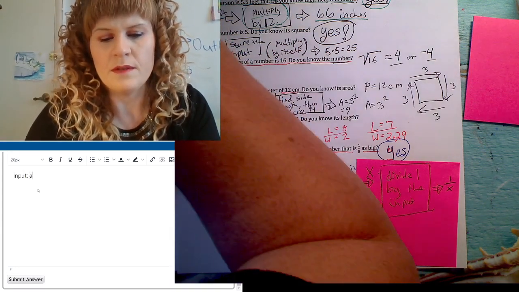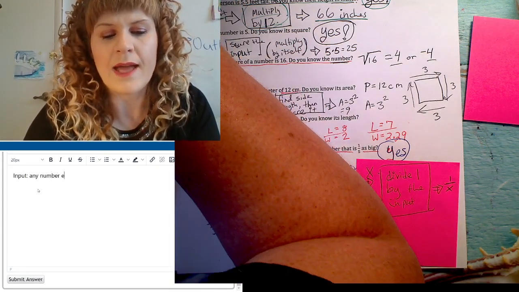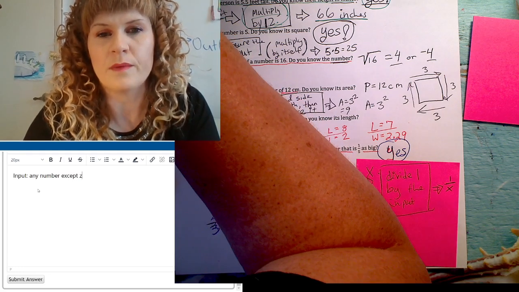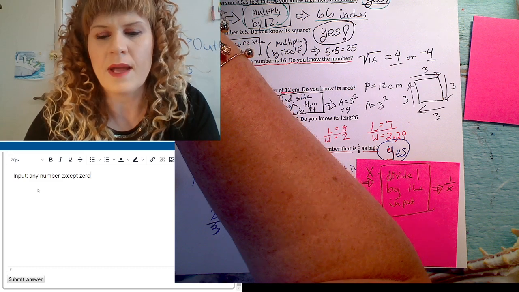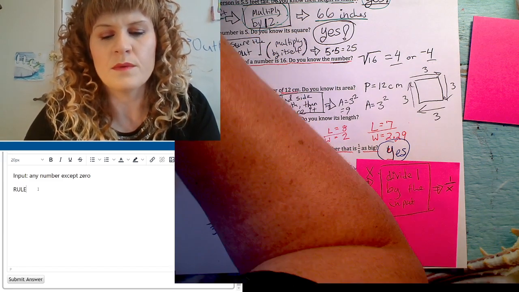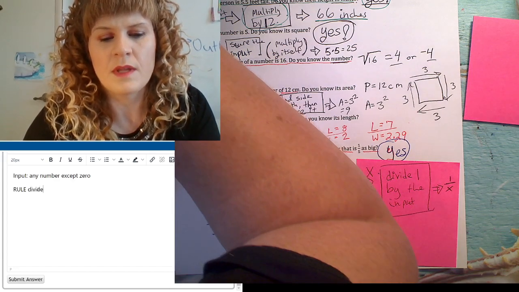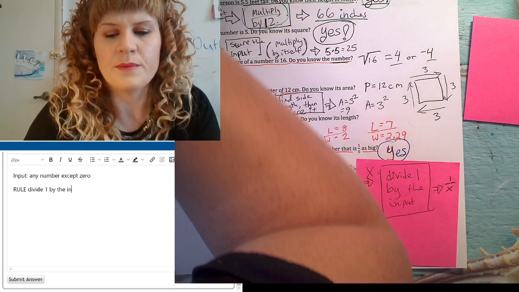The input, any number except 0. Remember, you can't take the reciprocal. Any number except 0. And the rule is divide 1 by the input.